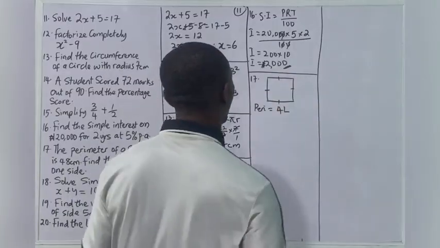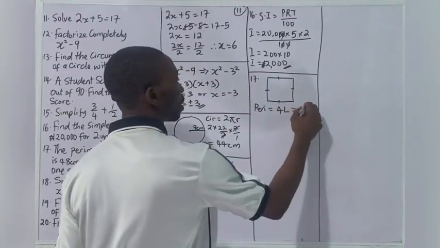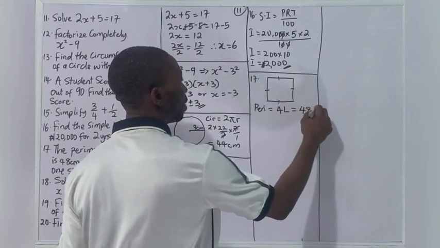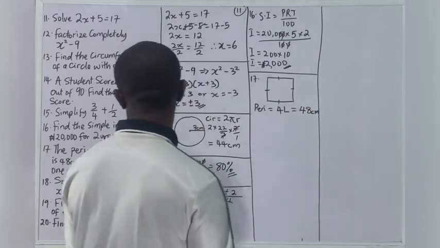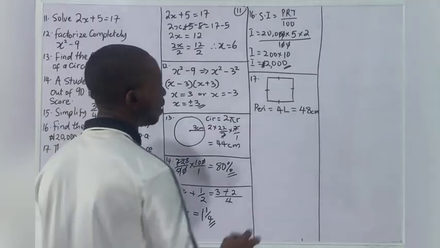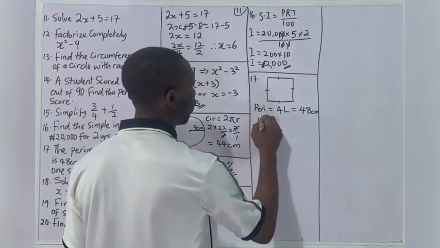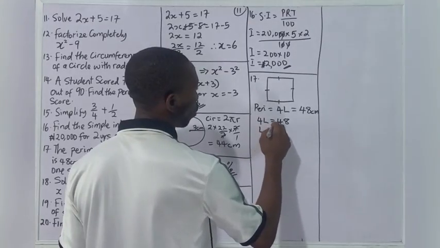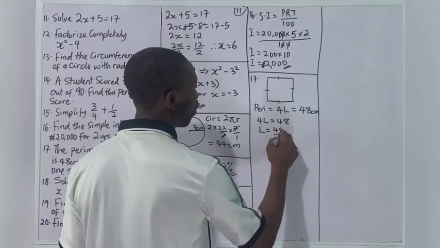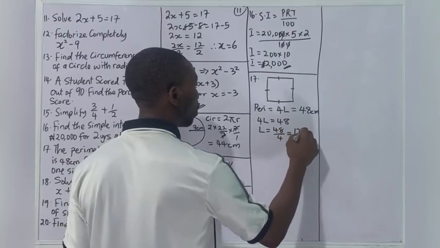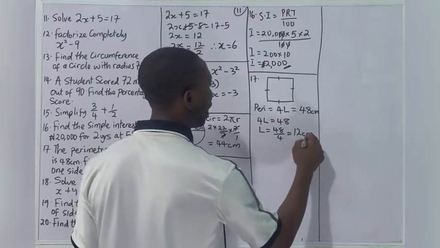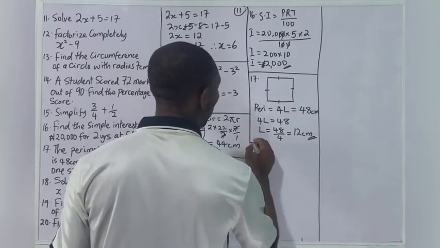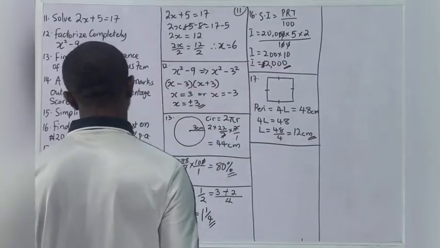That gives us 4L. And this perimeter from the question is said to be 48 cm. So we should find the length of one side. So from 4L equals 48, L equals 48 over 4, which gives us 12 cm. So the length of one side would be 12 cm.